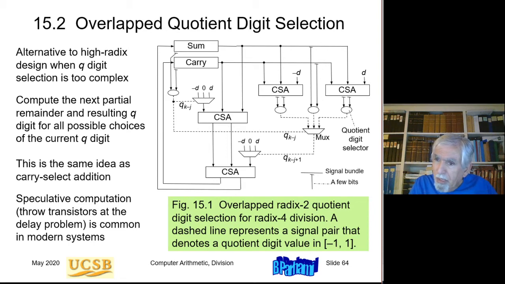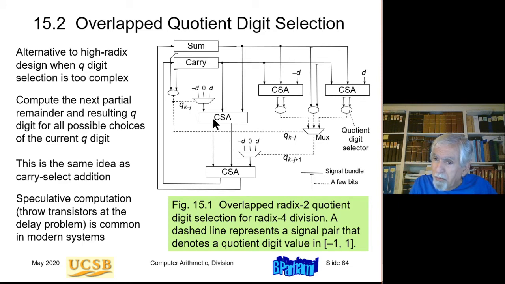divider. Now the question is, can we extend this to radix 8? Yes, we can, but as we increase the radix, the complexity grows exponentially. Here, because we did 2 digits at a time, we had 3 versions of the carry save partial remainder to compute.